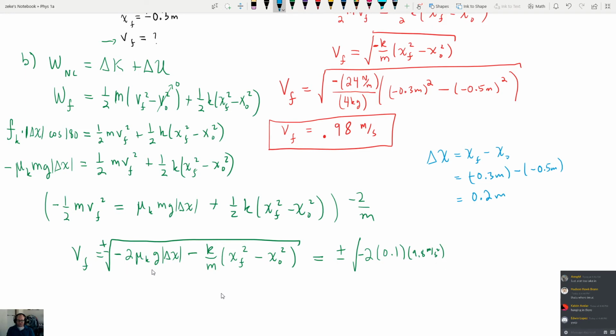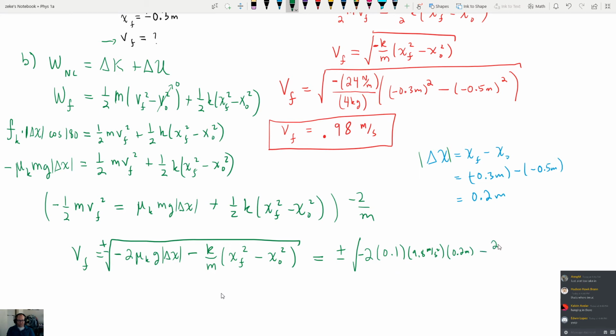So 2 times mu k times g times delta x. So that's where we plug in our 0.2. And even if this had given us a negative number, I would still have made it positive. We don't really care. Really what we're calculating here is the absolute value of this quantity. All right, so minus k over m.